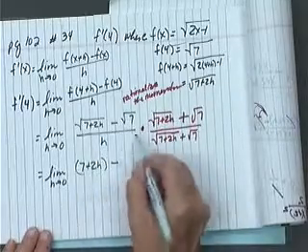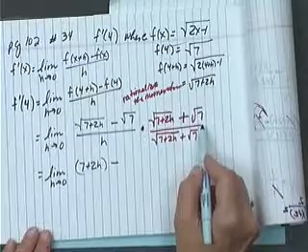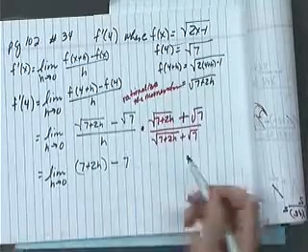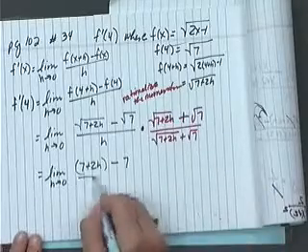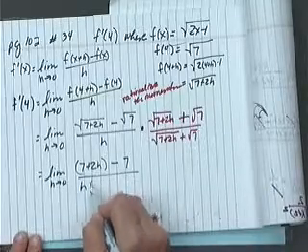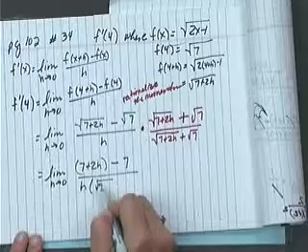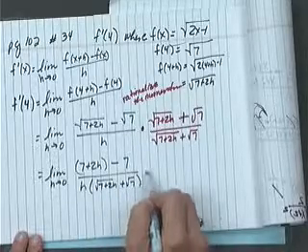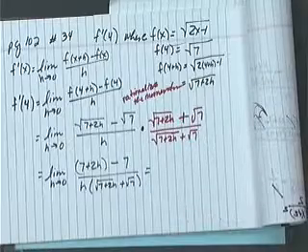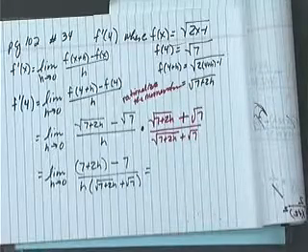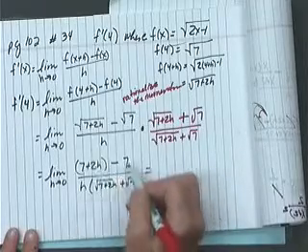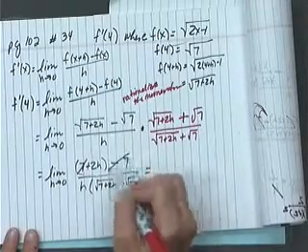And then you have minus square root of 7 times positive square root of 7, and you get 7, square root of 49, which is 7, over h times the square root of 7 plus 2h plus the square root of 7. All right, let's clean this up and see what we get. 7 take away 7.